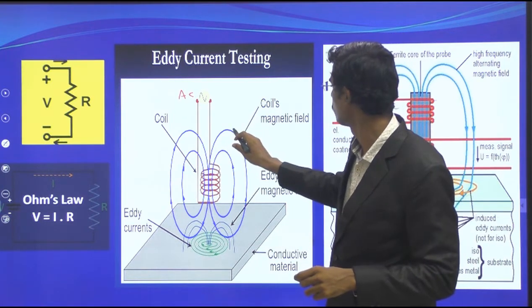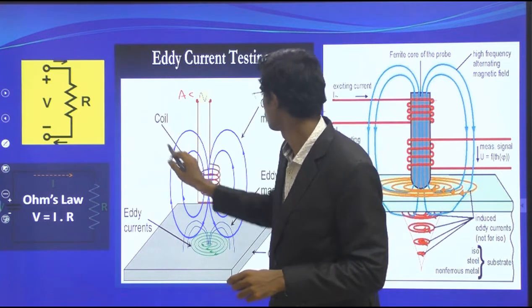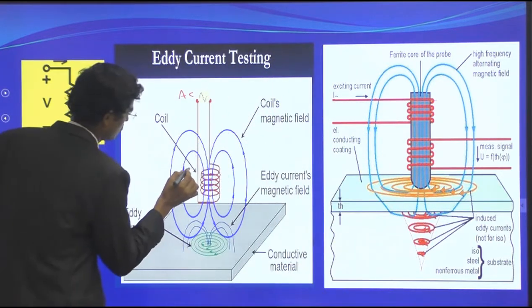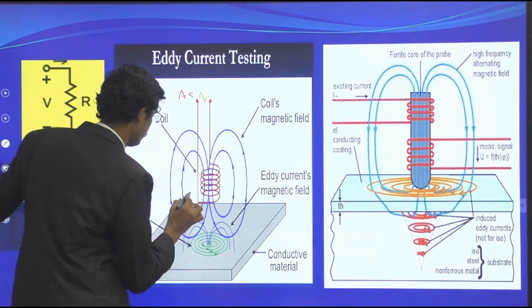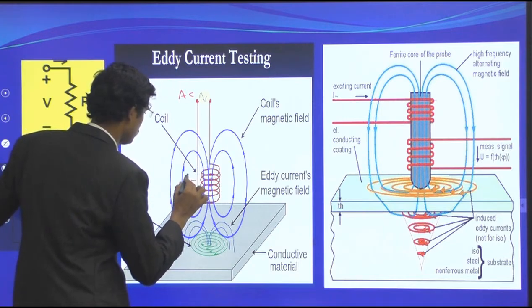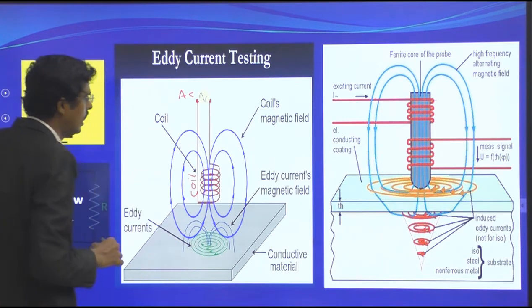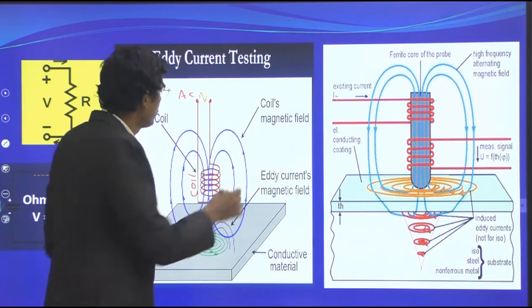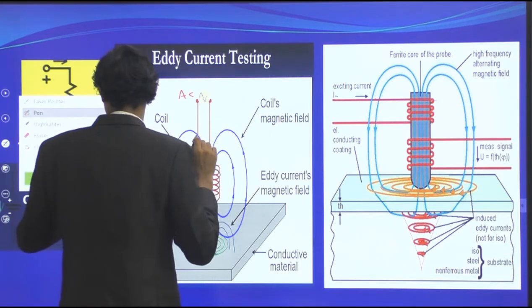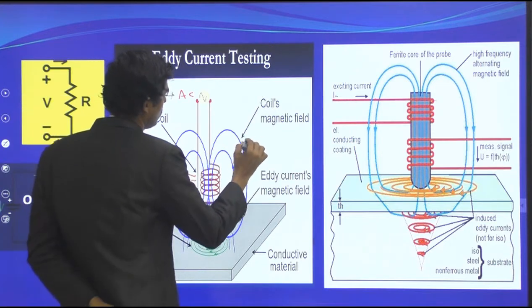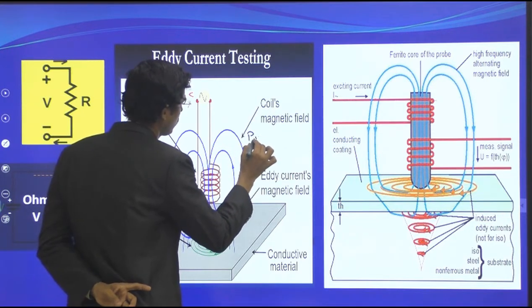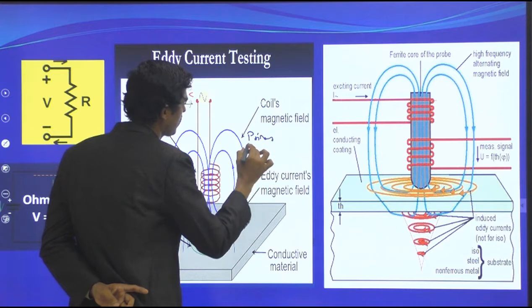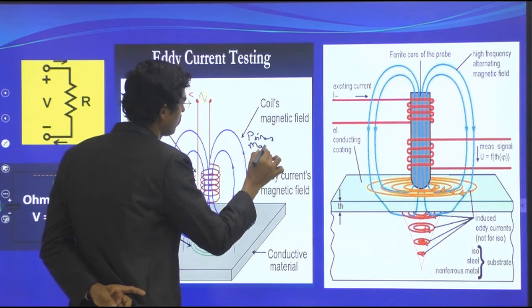I have mentioned this in blue color. This is a coil, so I have written here that this is a coil. This coil generates an EMF, a magnetic field. I have mentioned this in blue color. So it is the primary magnetic field.